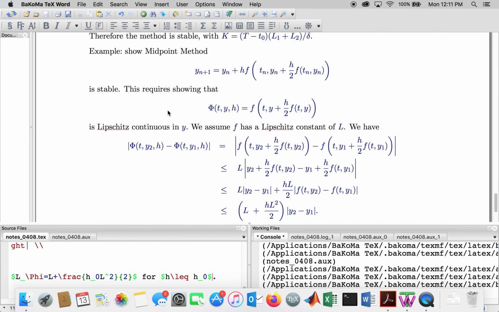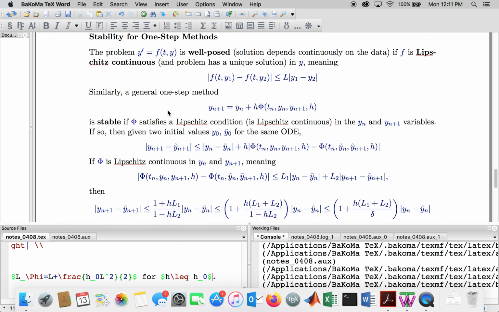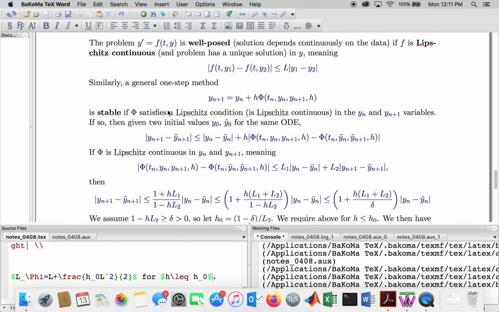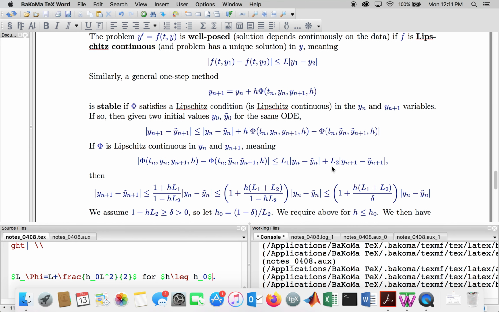So you would need to show something like this. Now, in the book, I actually have one Lipschitz constant. That's just taken to be the maximum of these two, L1 and L2. That's something you could do as well. That would simplify the computation a little bit. The point is, you're bounding it in terms of the difference in both arguments added together.